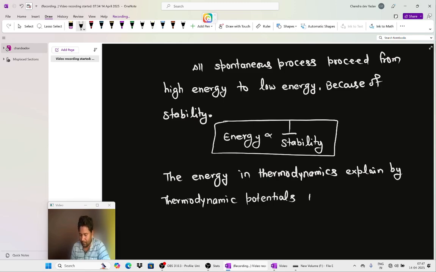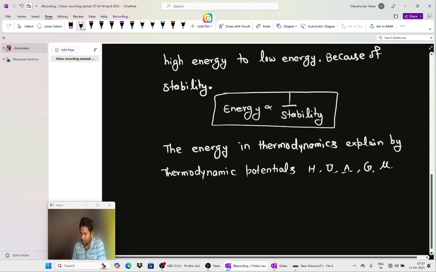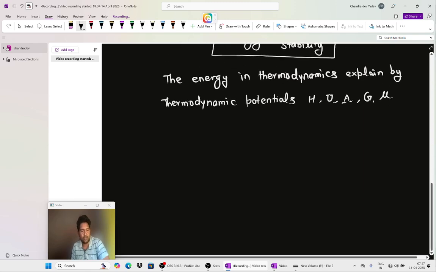Potentials: enthalpy, internal energy, Helmholtz energy, Gibbs free energy, and chemical potential. All these are thermodynamic potentials which directly relate to energy. These are energies, also based on different variables. So we can explain spontaneity with the help of these potentials.